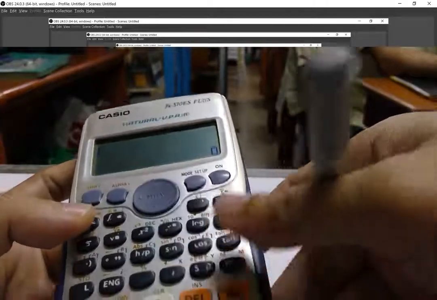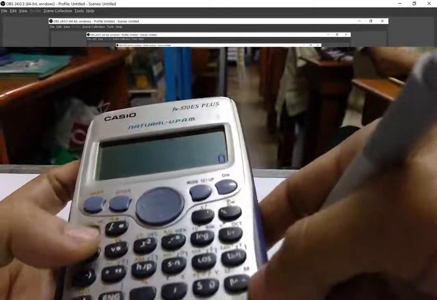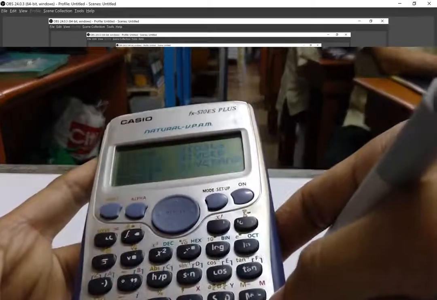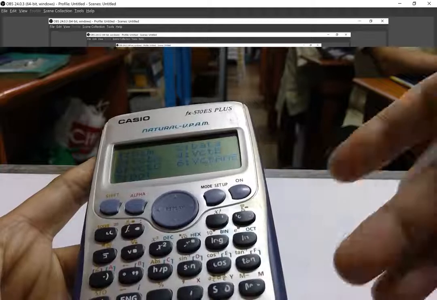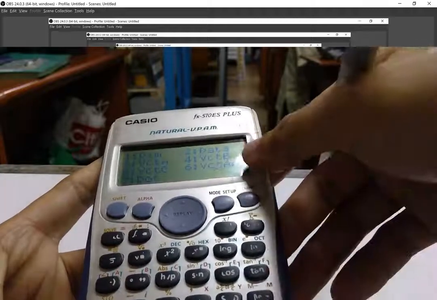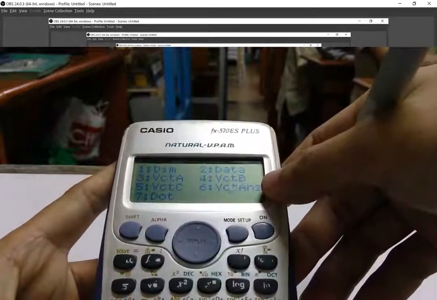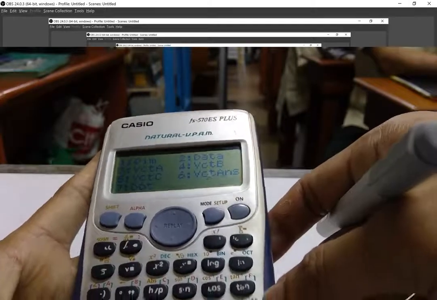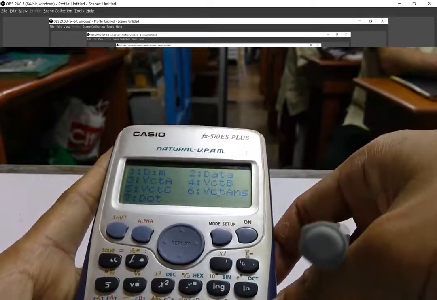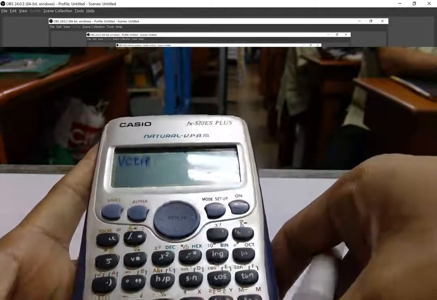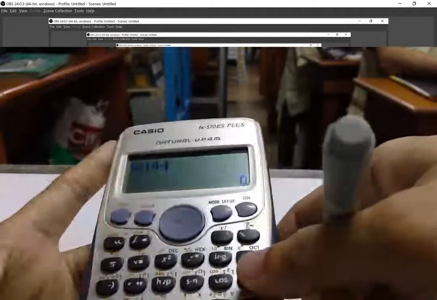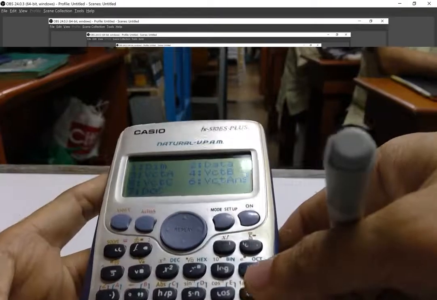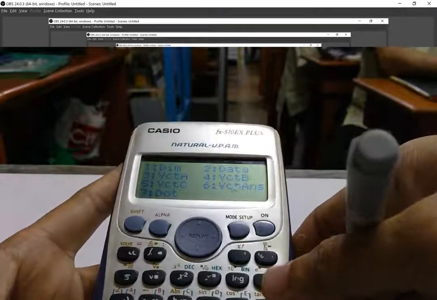So now we can actually get the magnitude. Shift vector. First you press AC. Then you get vector 3, which is vector C minus vector B, which is 4.